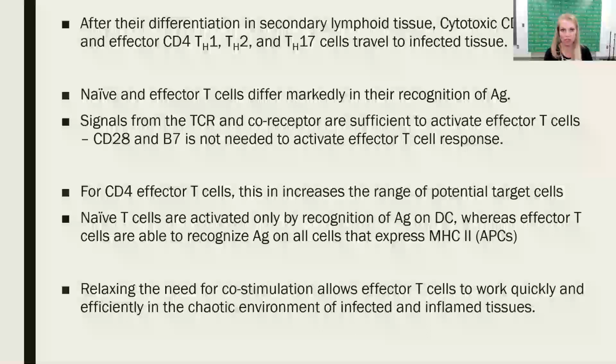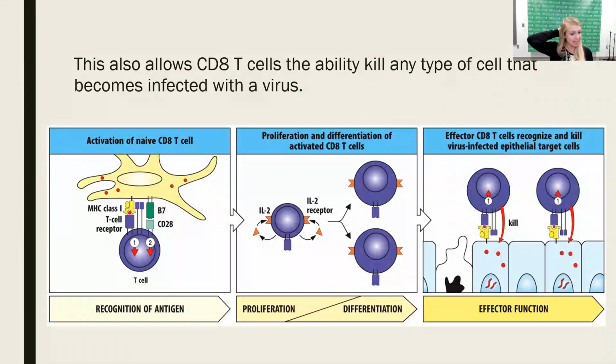Taking away that co-stimulatory molecule allows those effector T cells to do their work much faster and efficiently without having to deal with all the other stuff that's going on in inflammatory environments. So it's pretty nice that that co-stimulatory requirement has been removed.